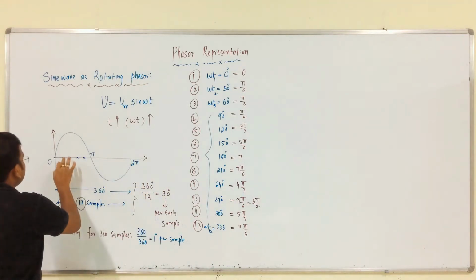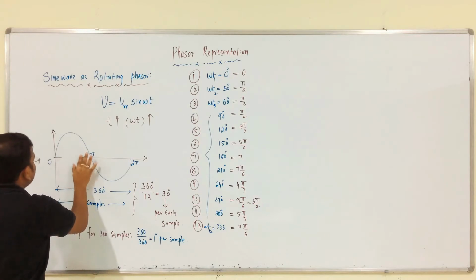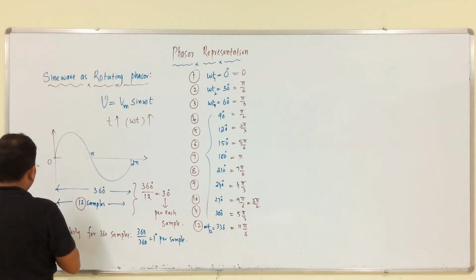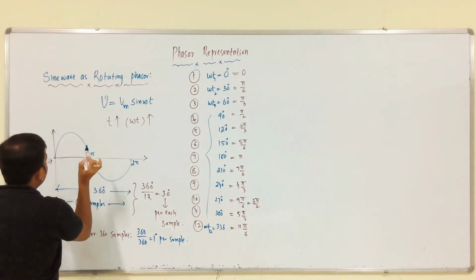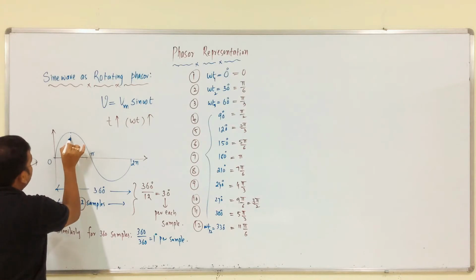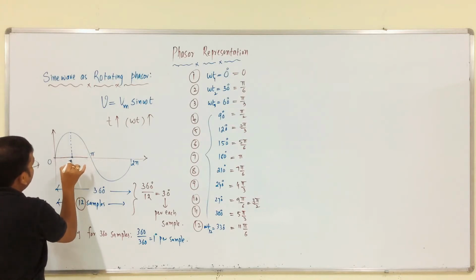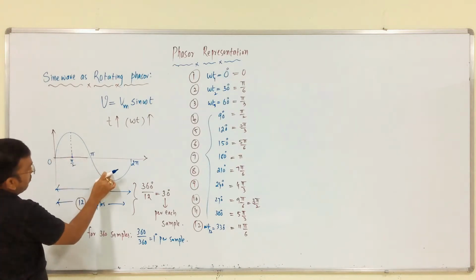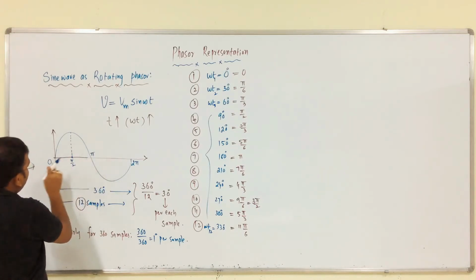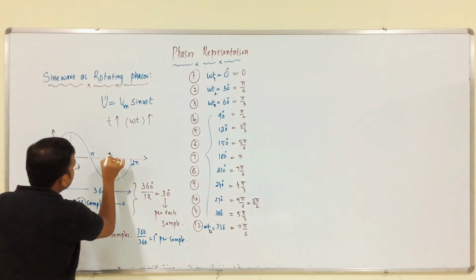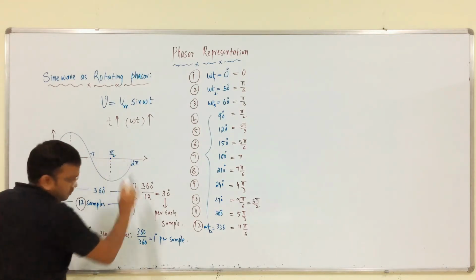From here to here this is pi by 2. This is the positive half cycle, this is the negative half cycle, 0 to pi. So, 0, 90, 180, this is 3 pi by 2.